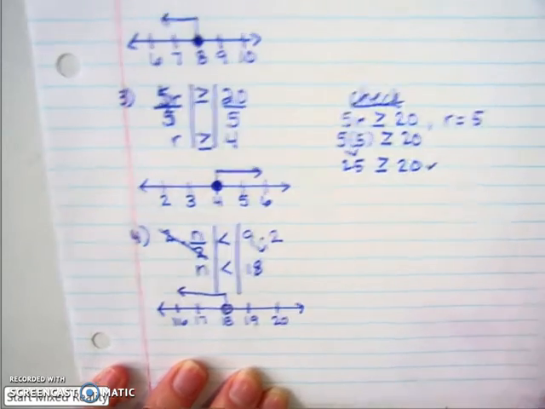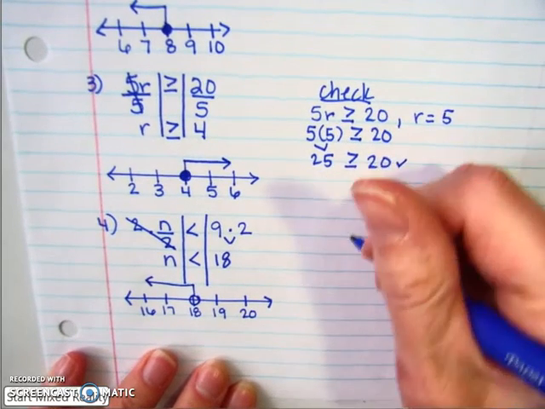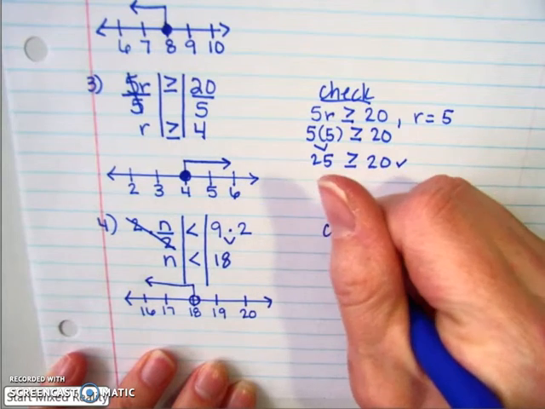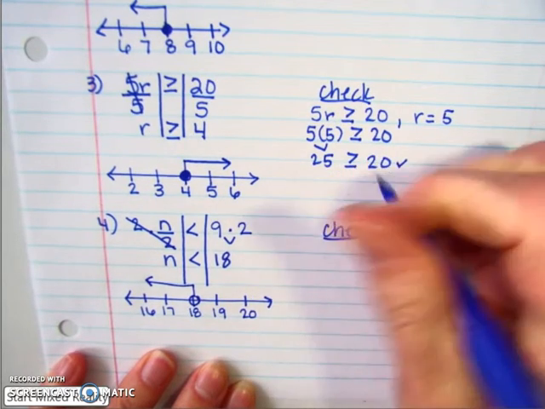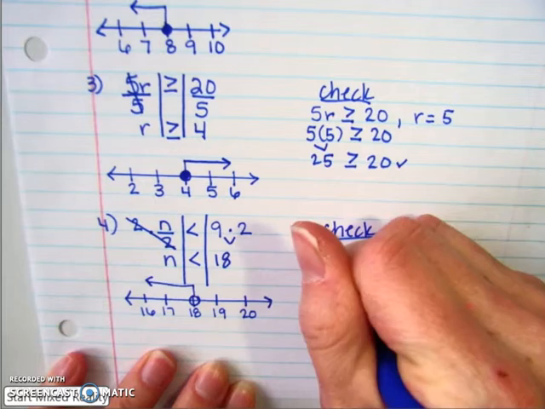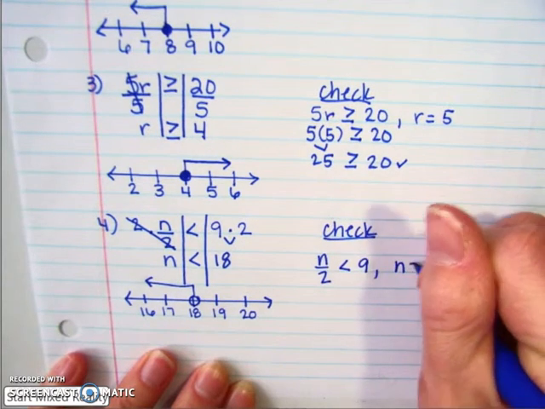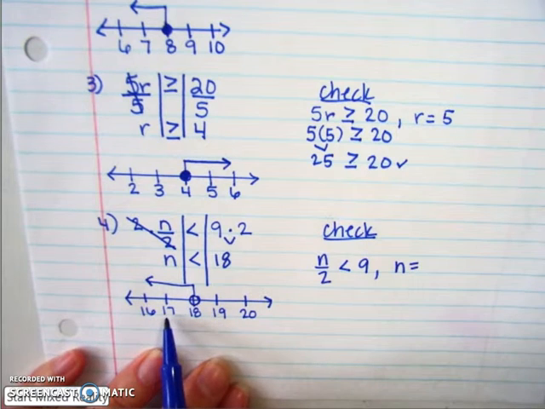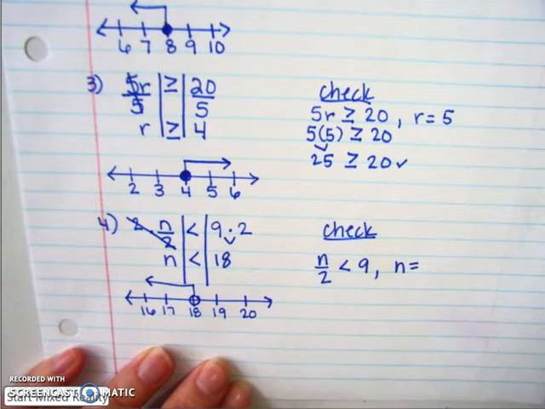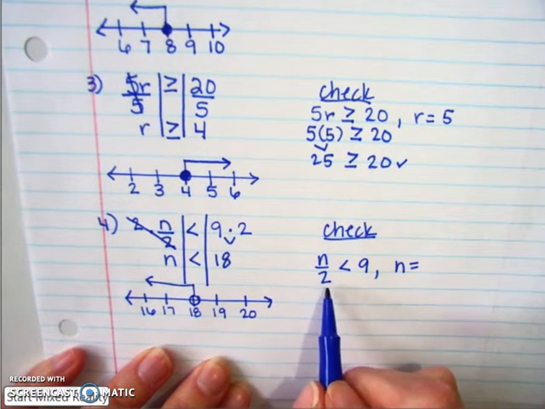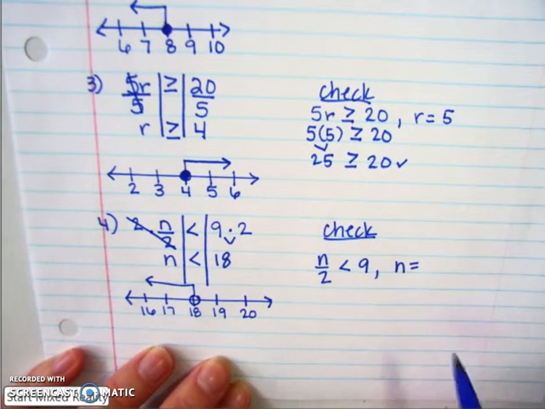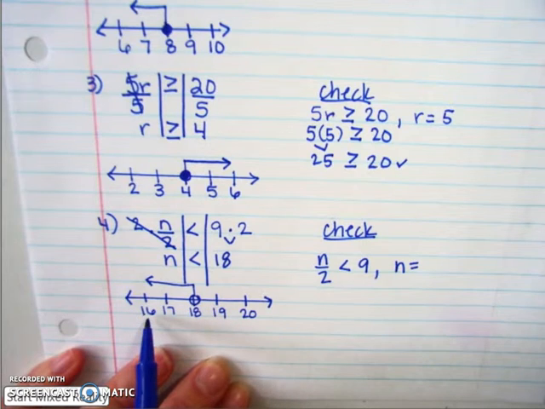Okay, so let's check our work. n over 2 is less than 9 if n is equal to, now I could choose 17, but I noticed that 17 divided by 2 gives me a fraction or a decimal, which is fine, but to make my mental math a little bit easier, I'm going to pick this even number 16.